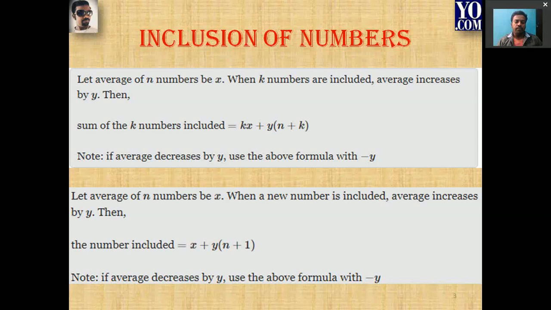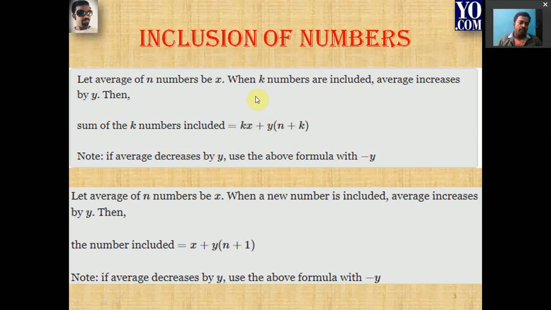So here, if average decreases by y, use above formula with minus y. So here if the average increases, then we consider positive sign, that means plus. If the average decreases, you have to put negative symbol here.